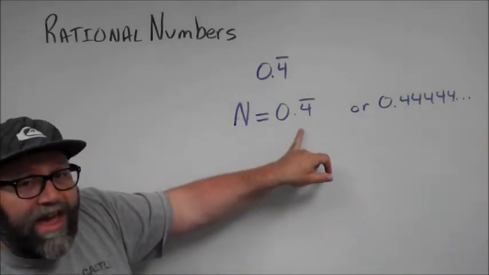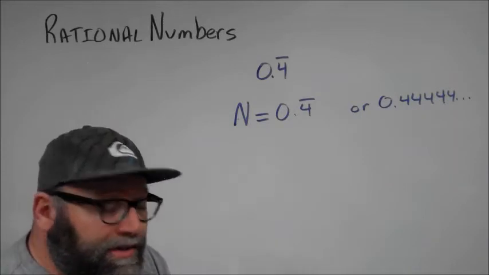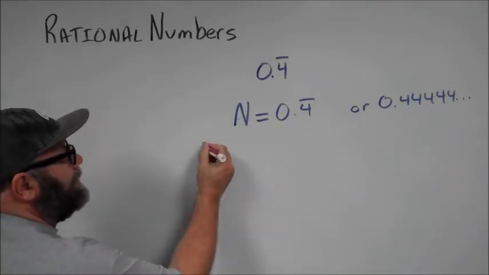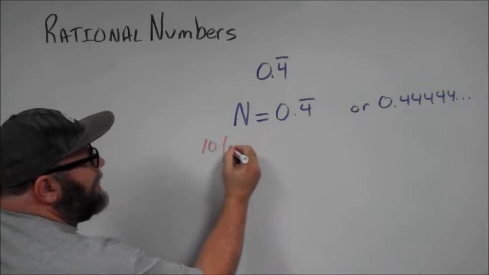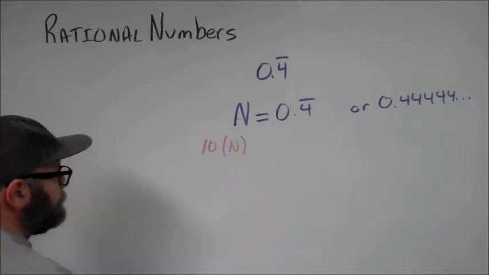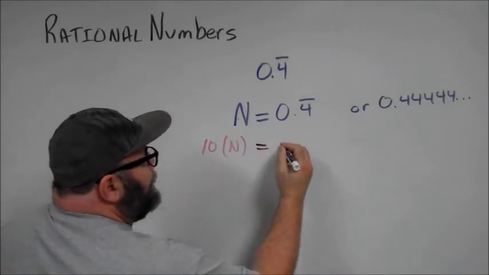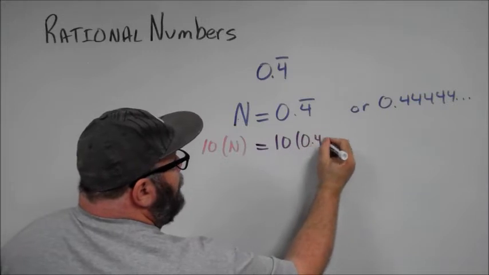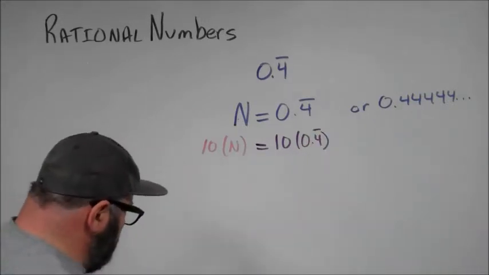All right, now I'm going to use some algebra here. I'm going to multiply both sides by 10. So I'm going to say 10 times n and 10 times 0.4 repeating.